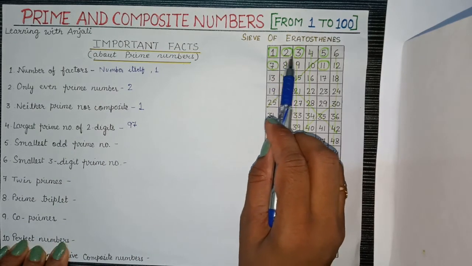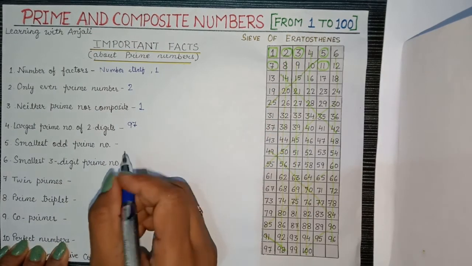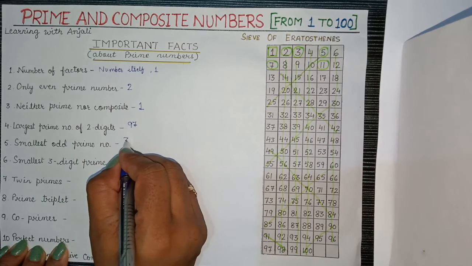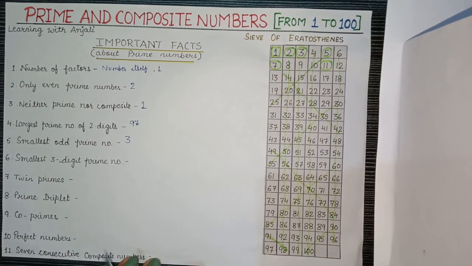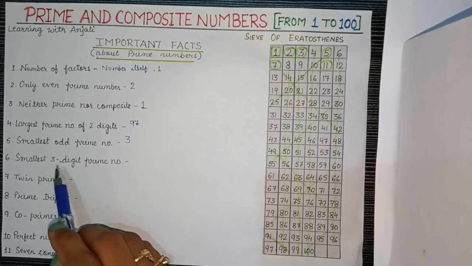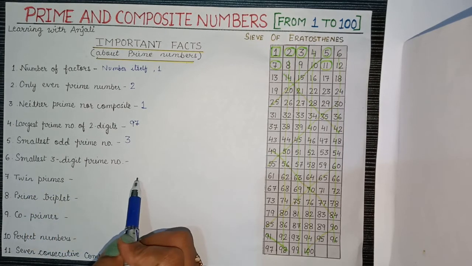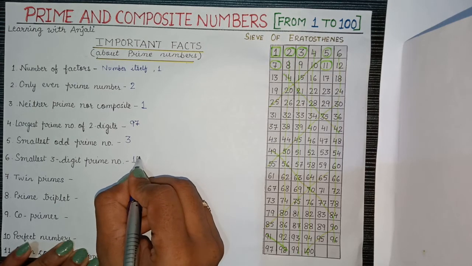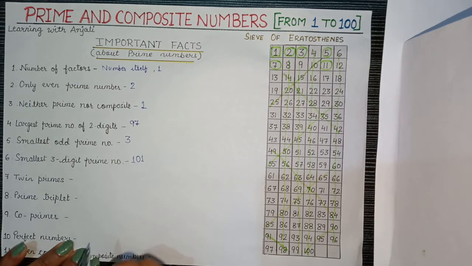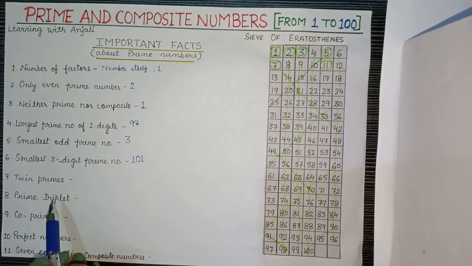Smallest odd prime number is 3. Now, smallest 3-digit prime number. It will be 101. Now, twin primes. What are twin primes?